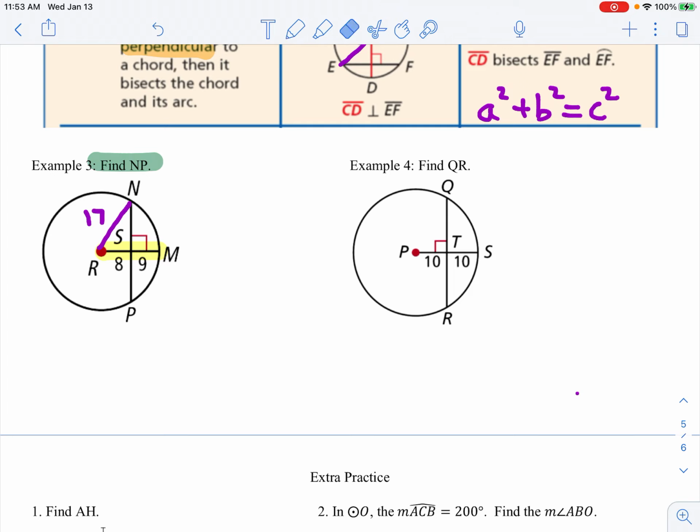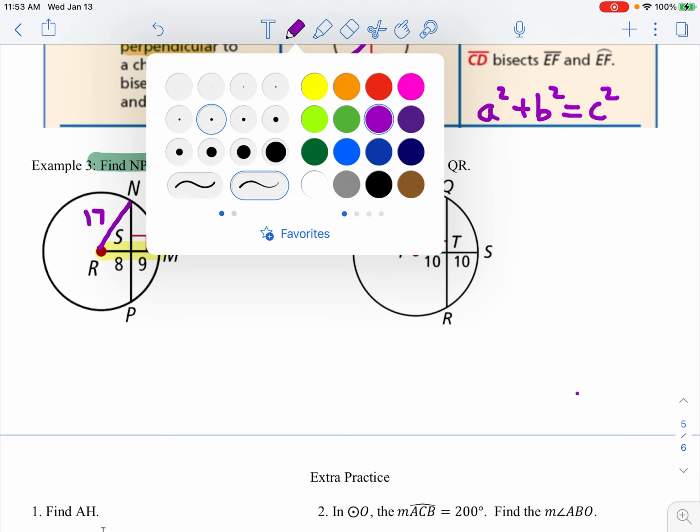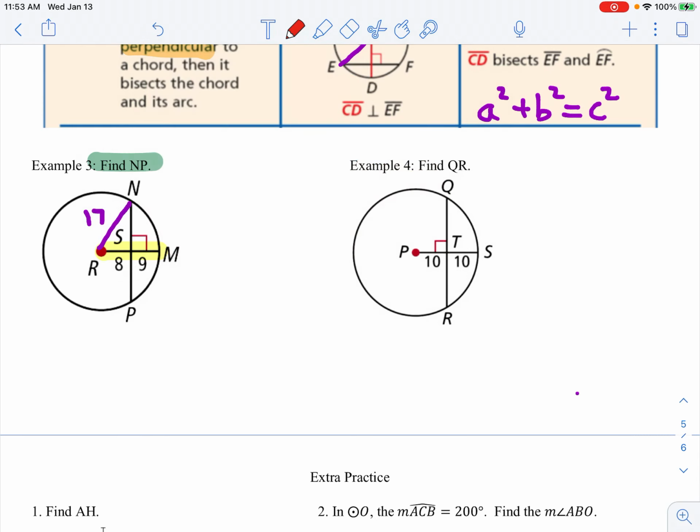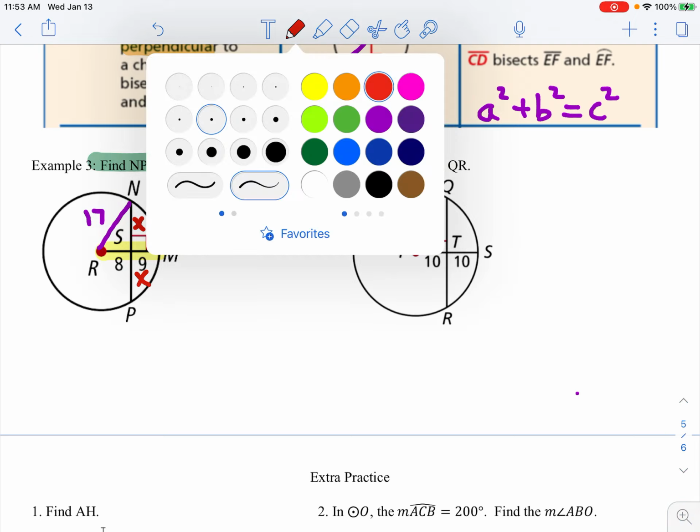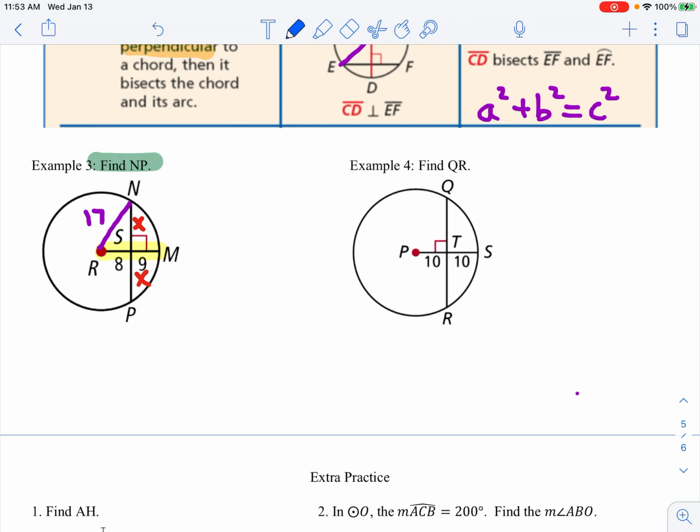All right, now, after I do that, what they want us to do is find NP, they want us to find the chord. So I'm going to put an X on this piece of the line. Now, we know that the chord gets split because it's bisected, so that would also be my X. In this picture, our focus is going to be on this little triangle right here.